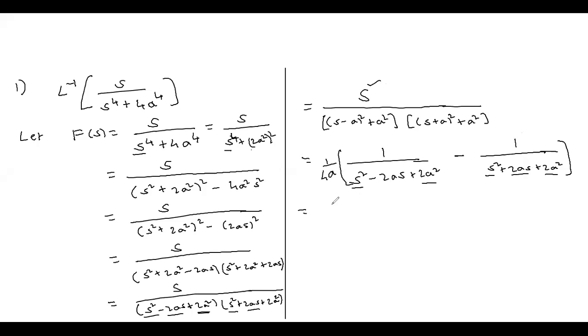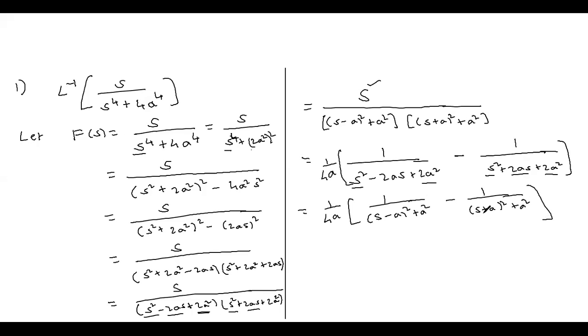Now this is the partial fraction of the given function f of s. Using the previous step, I can rewrite this as 1 by 4a into 1 by s minus a whole square plus a square minus 1 by s plus a whole square plus a square.